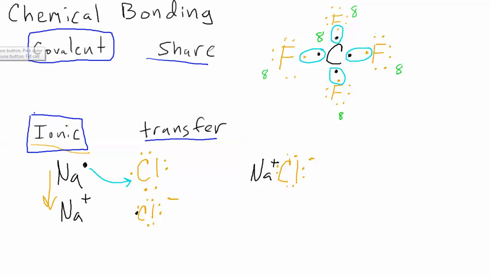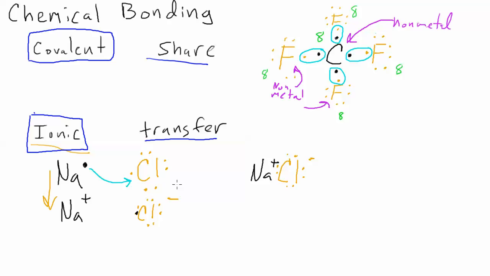How can we tell, if I just give you 2 elements, how could you tell if they would bond covalently or if they would bond ionically? Well, the pattern is in what type of element they are. With the covalent, we had a nonmetal, fluorine, right? All these fluorines are nonmetals, and we had a nonmetal carbon.